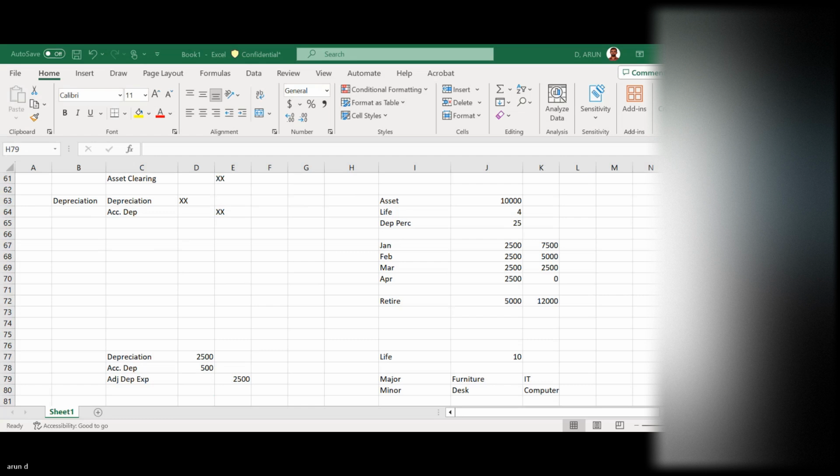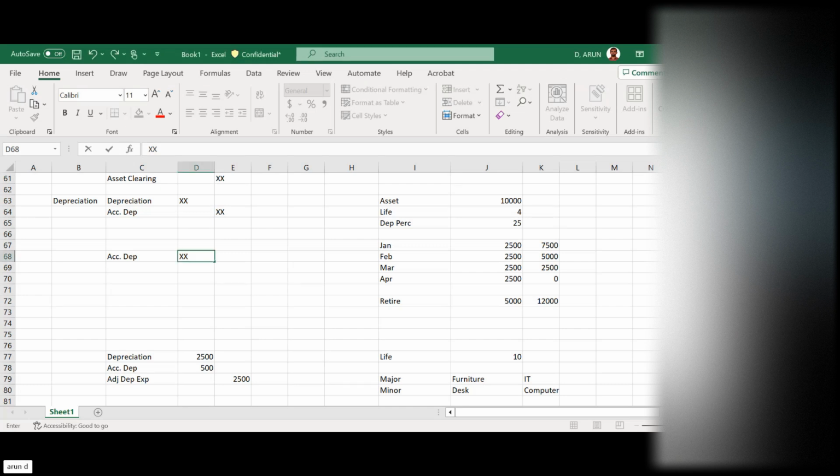In this case, my accumulated depreciation would be debited because I am reversing the depreciation, whatever amount I have generated. So this amount will be reversed and the asset will be sold.